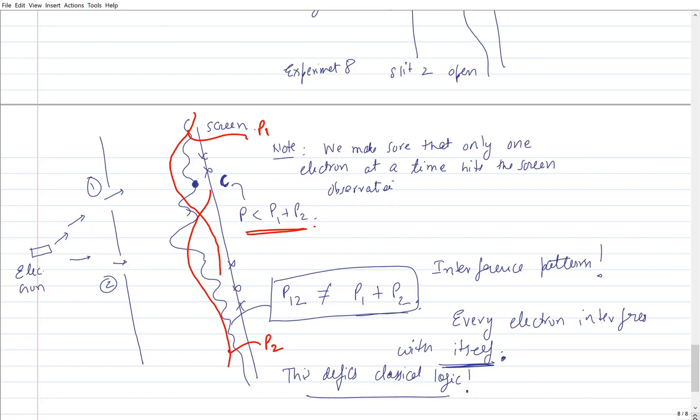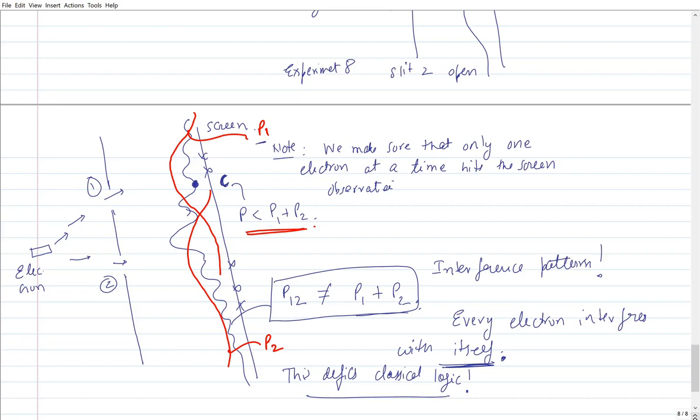Now, classically speaking, how is that even possible? It seems like having more alternatives has reduced the probability. When only slit 1 was open, I had a P1. When only slit 2 was open, I had a P2.